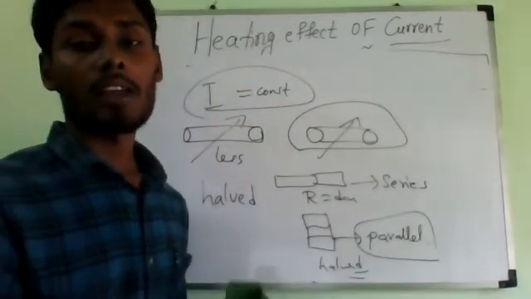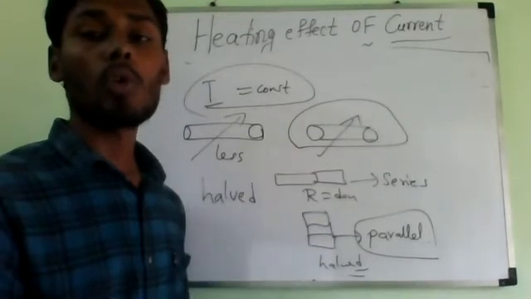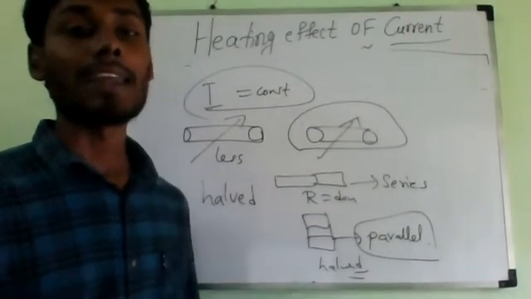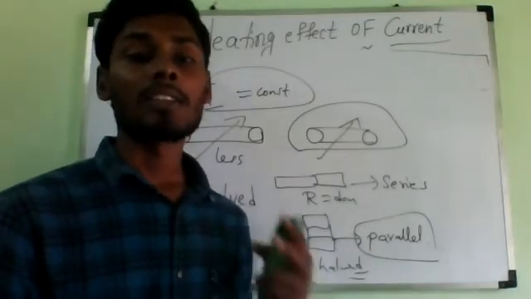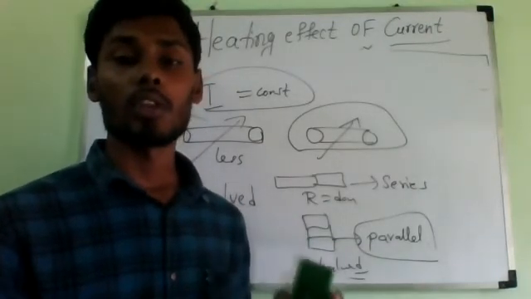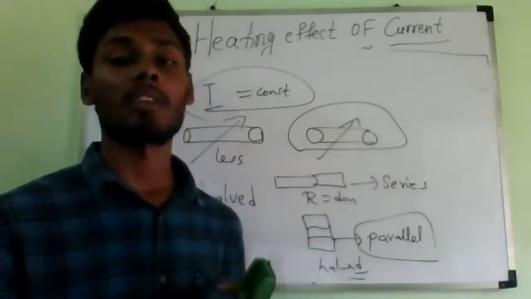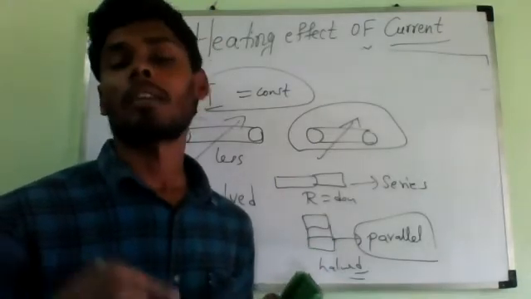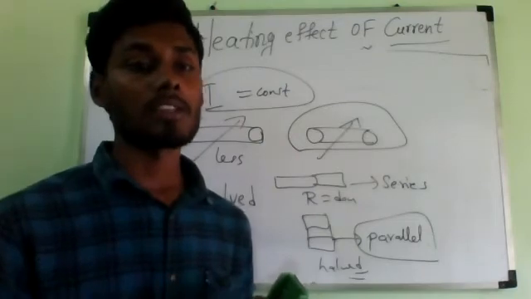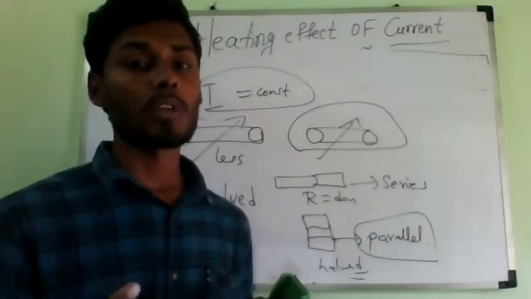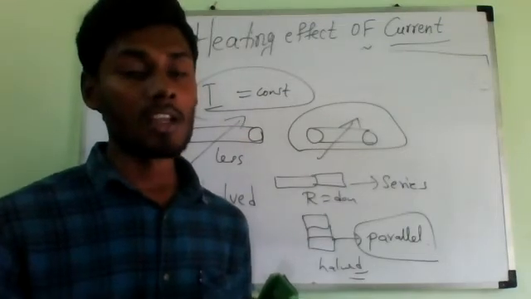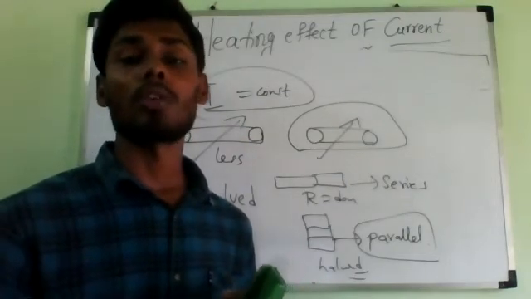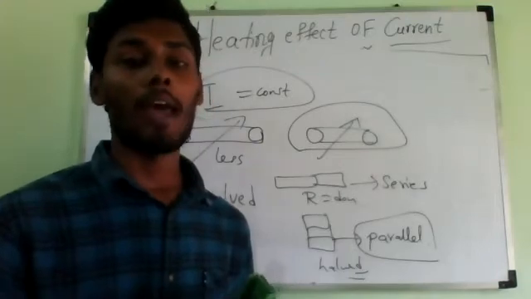Like a given current will produce more heat energy in a high resistance wire than in a low resistance wire, similarly if you connect 2 equal resistors in series, the heat produced per unit time is more compared to when they are connected in parallel.